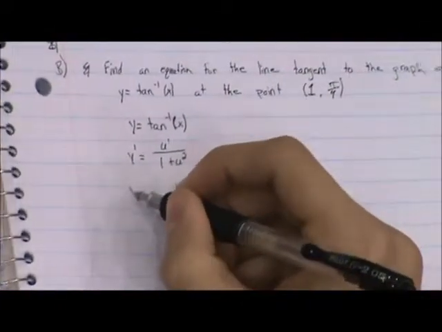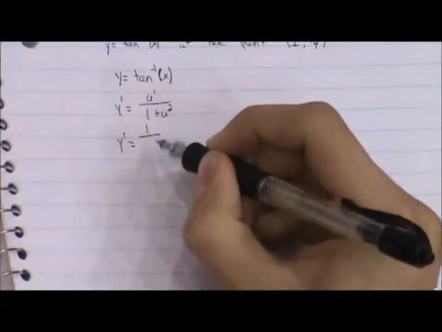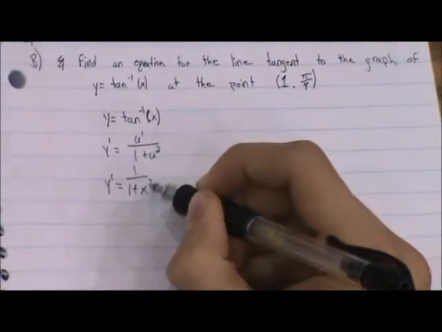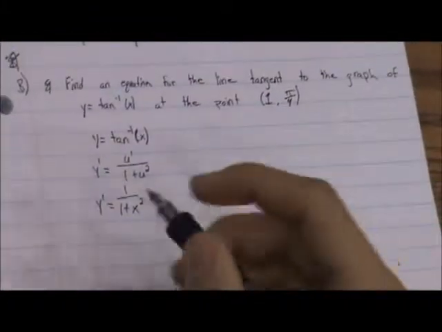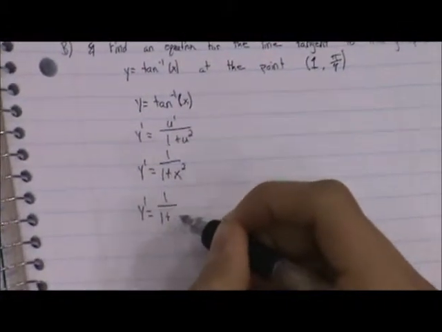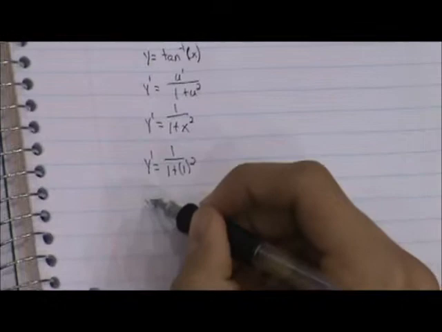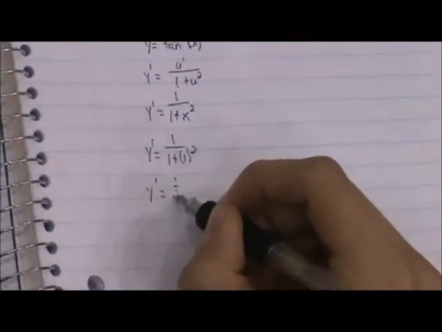So y prime is equal to 1 over 1 plus x squared, which now if we substitute 1 in for x, we have y prime is equal to 1 over 1 plus 1 squared, which is equal to 1 over 2.